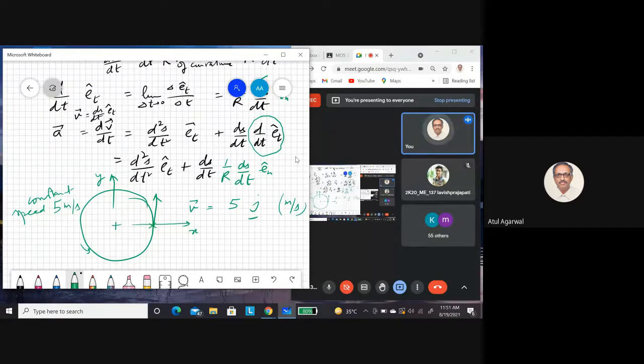It is tangential to this circle at this point, and the tangent is in the vertical direction. And what is its acceleration? Acceleration will be towards the center of curvature, I told you. So this is the direction of the center of curvature. What is its magnitude? Suppose this is a radius of 1 meter. It is going around in a circle of radius 1 meter. So the magnitude is ds by dt whole square into 1 by r into En.